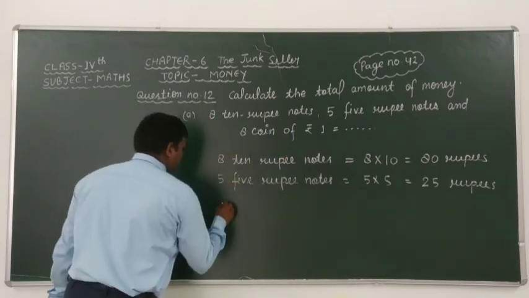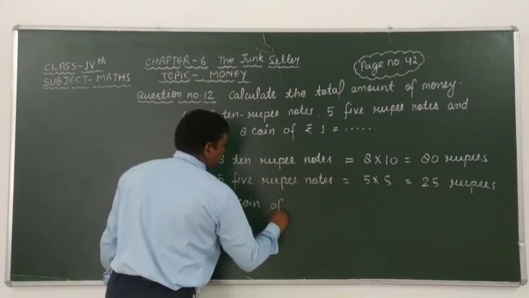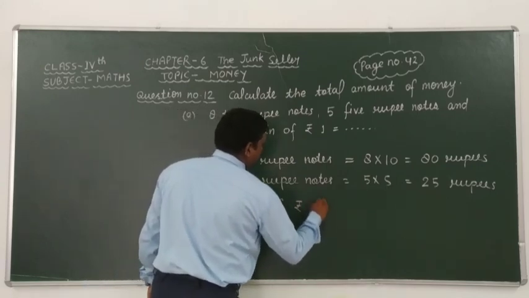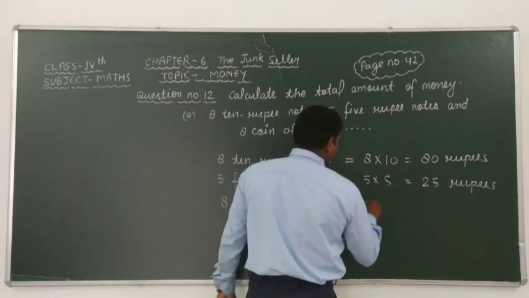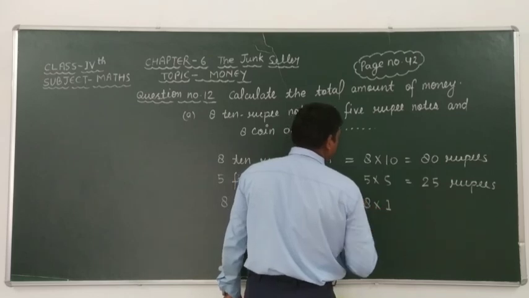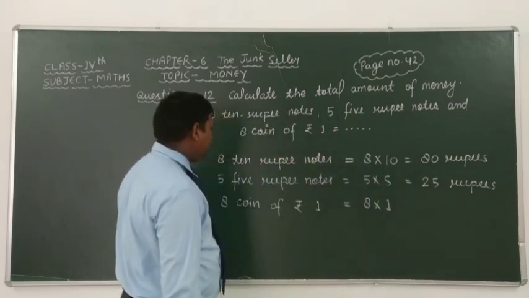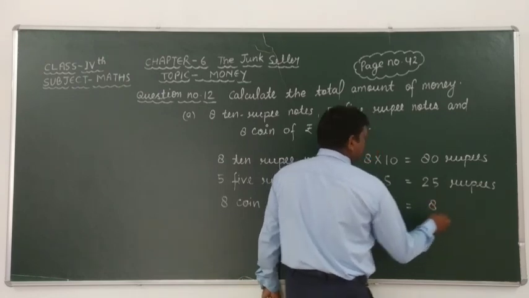Students, look at here carefully. 8 coin of rupee 1 is equal to, listen, here given that 8 coin, it means that if we take the multiplication by 8 and 1, okay, then we get 8 rupees.